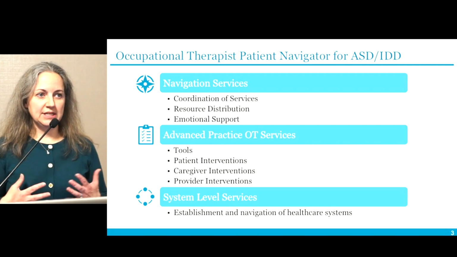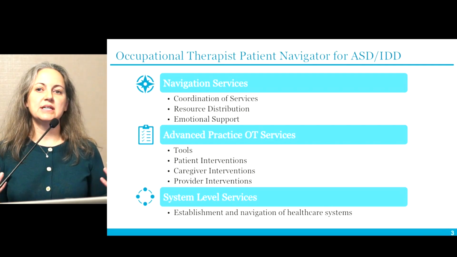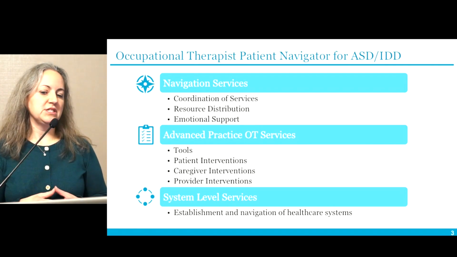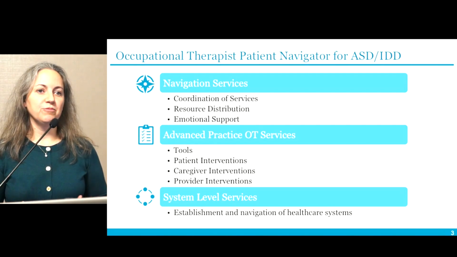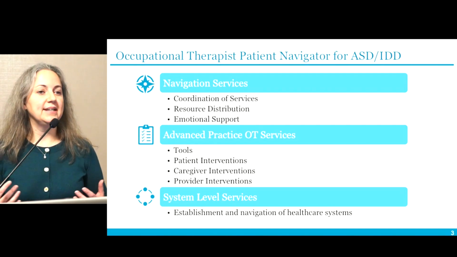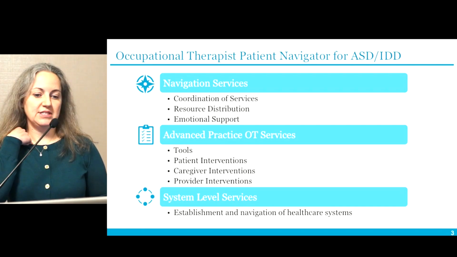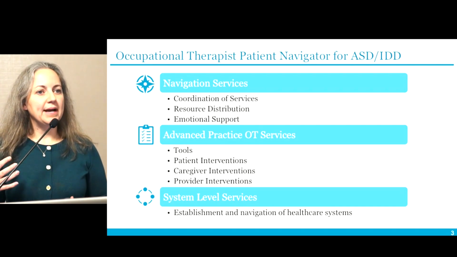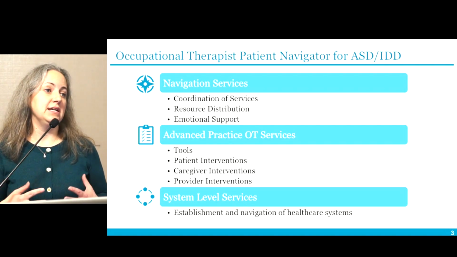So as an OT patient navigator, I do some traditional patient navigation. That includes helping with some coordination of services for patients, providing access to resources such as autism-friendly primary care physicians, specialists, etc., and providing emotional support to patients and families. But I still wear my OT hat, and I still do OT interventions.